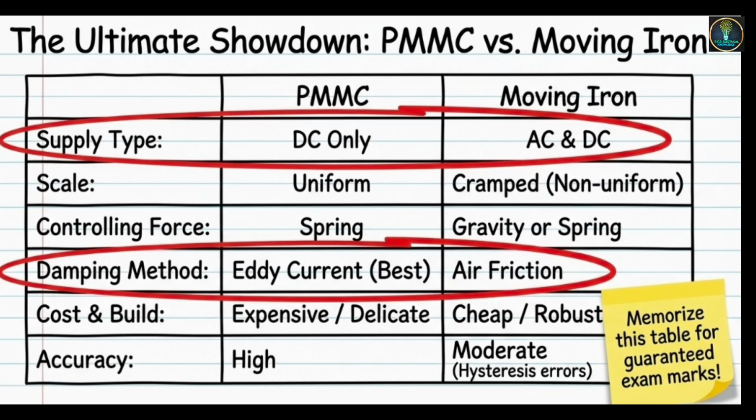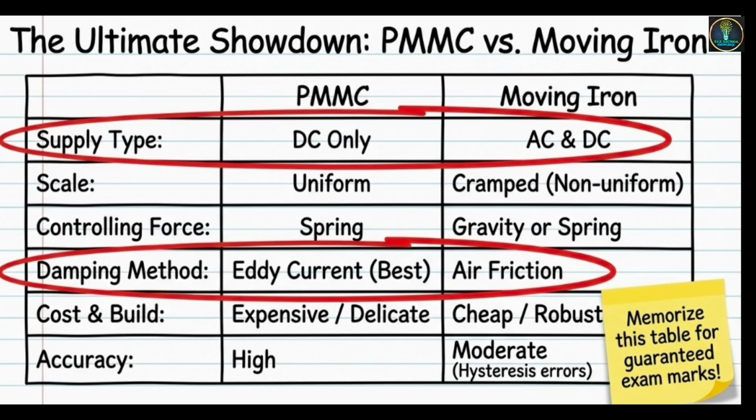The ultimate showdown: PMMC versus moving iron. Supply type: PMMC, DC only; MI type, AC and DC. Scale: PMMC, uniform, and cramped, that is non-uniform, for MI type.